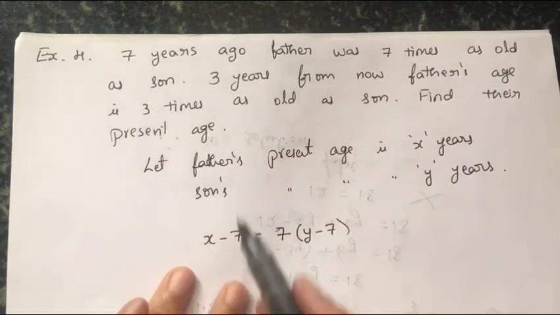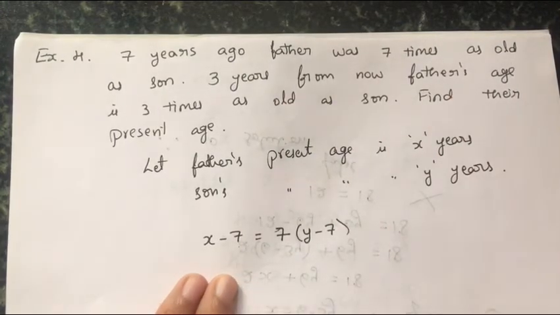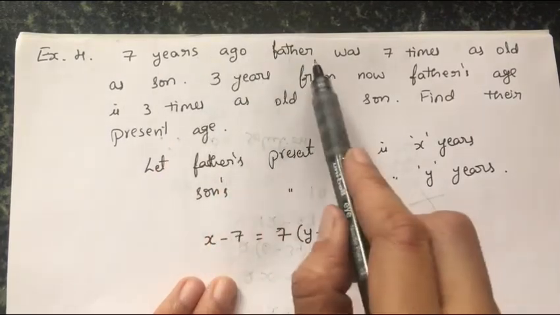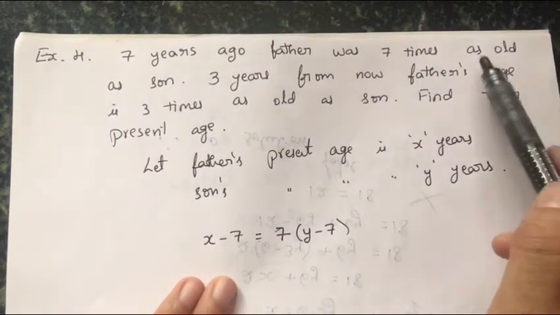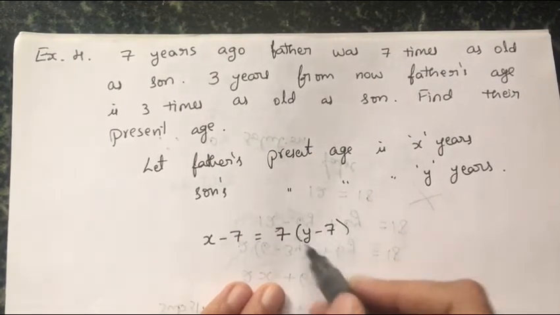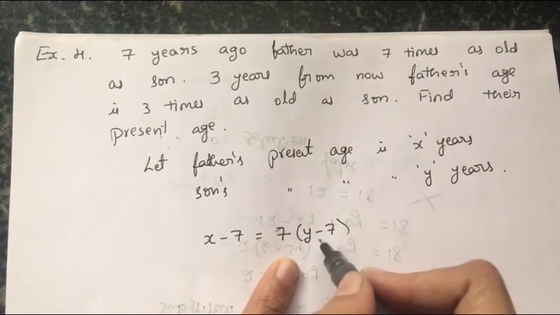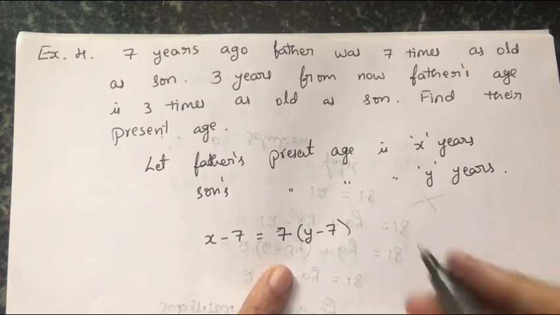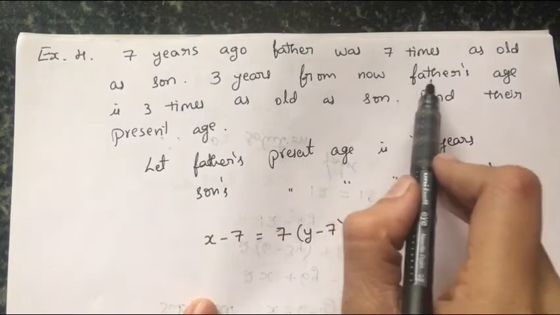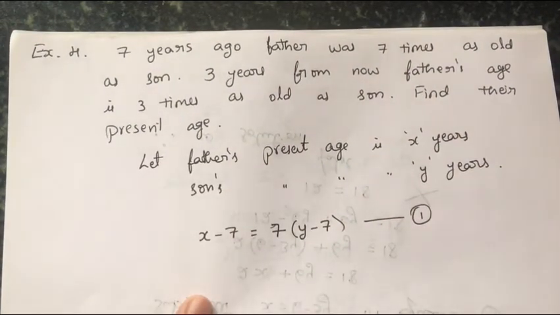So for father it is x minus 7, and for son it is y minus 7. What was the relation? 7 years ago, father was 7 times as old as his son. So 7 into the son's age, which is y minus 7. That's the first equation.